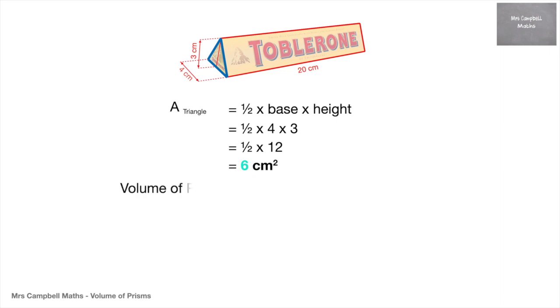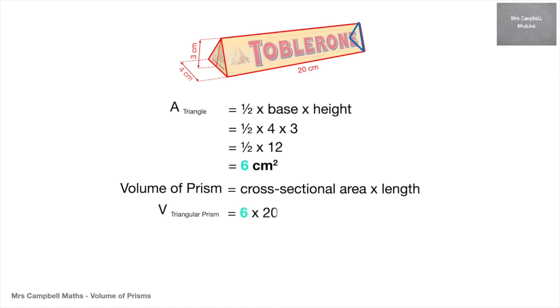Remember, it's an area. Now, the volume of the prism is the area of the cross-section times the length, and it's highlighted there in blue. So the volume of the prism is the cross-sectional area times the length. We've worked out the cross-sectional area in the previous part. It's 6. So the volume of the triangular prism is 6 times 20. That's the length.